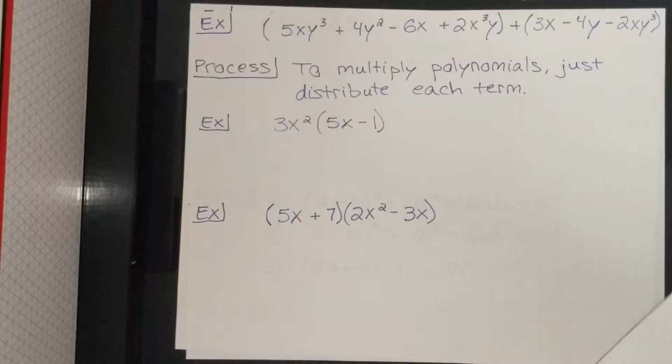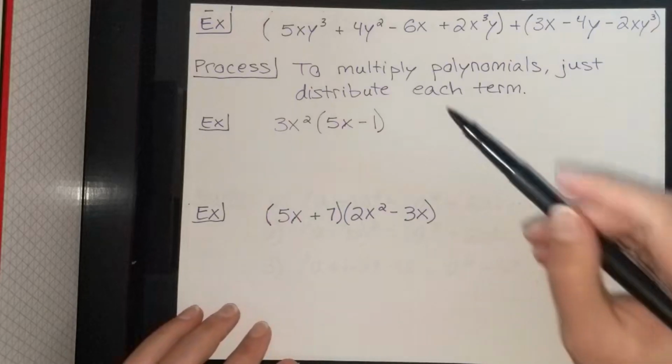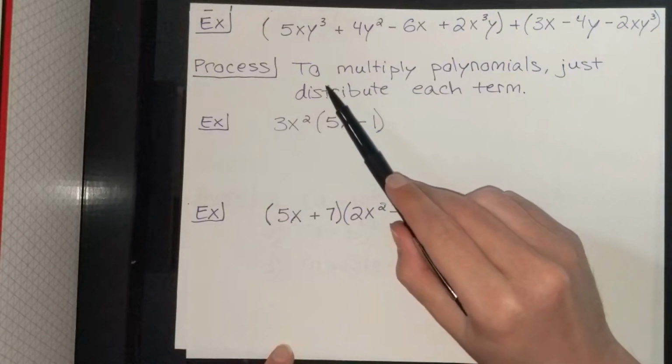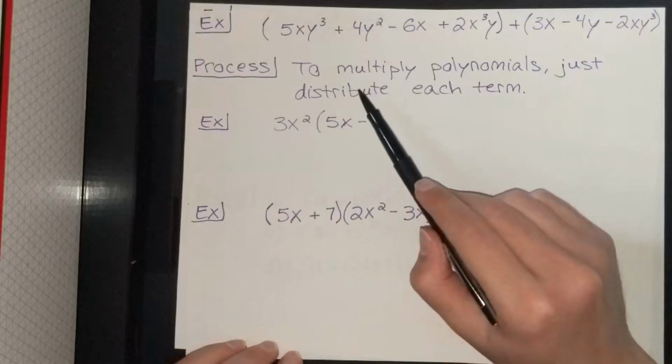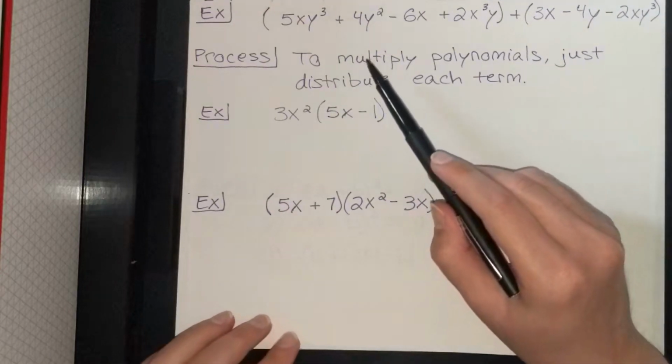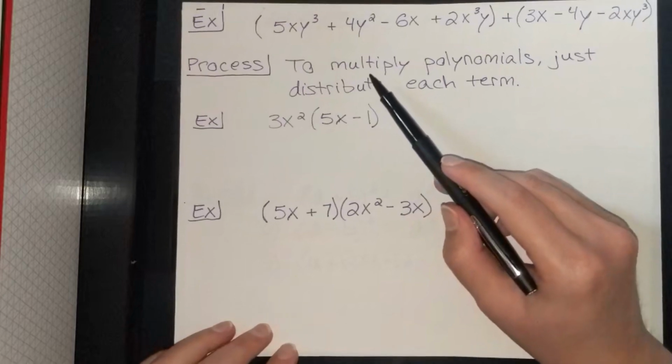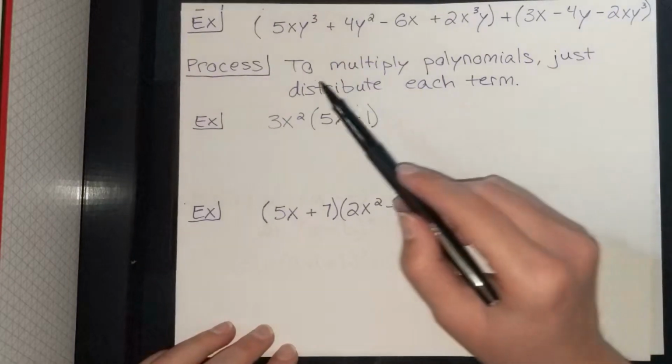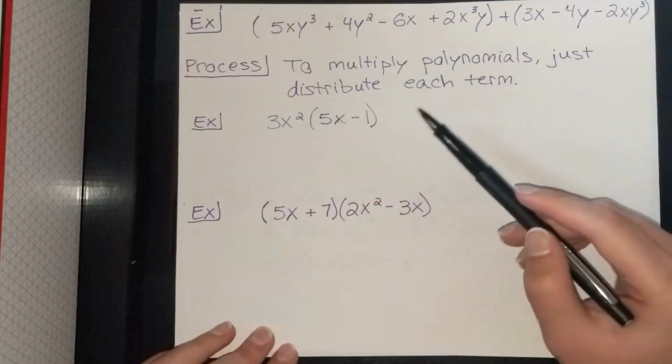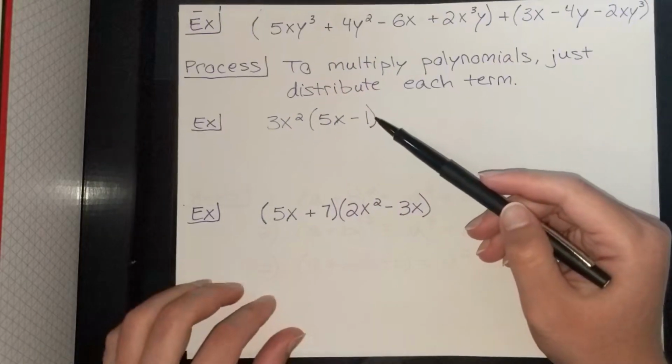All right, so moving on from that problem, the next thing we should note is how to multiply polynomials. So when you are multiplying polynomials, all you have to do is distribute.